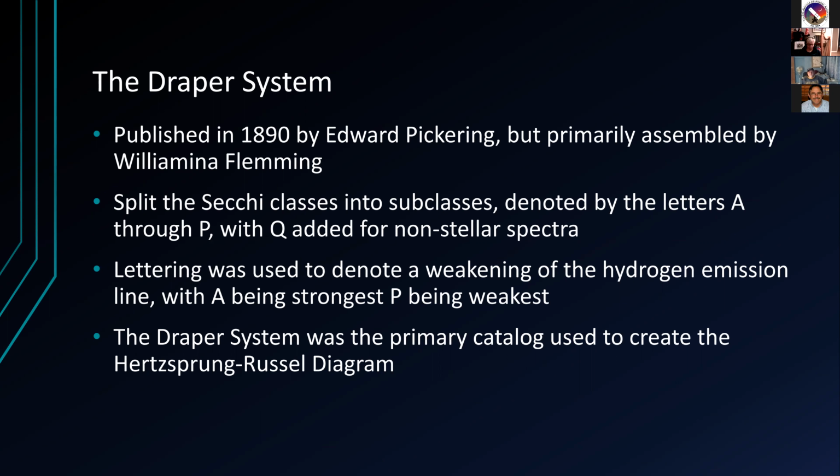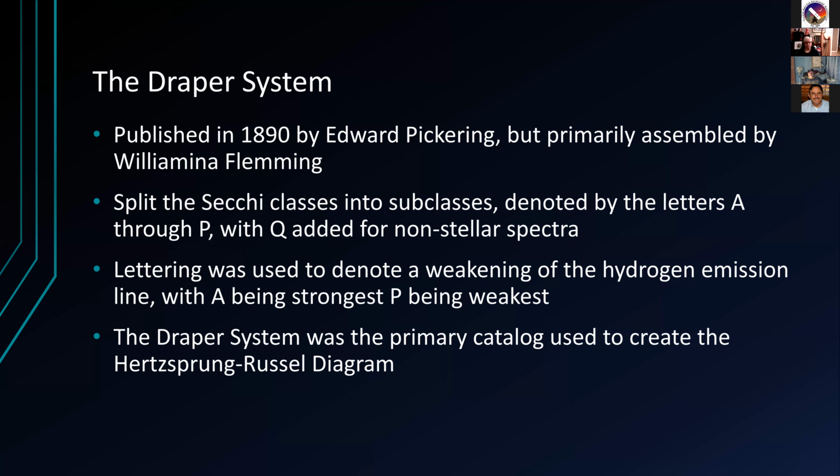The letters were used to denote how strong the hydrogen emission line was, basically how much hydrogen was in that object, with stars of subtype A having the strongest hydrogen emission lines, and P having the weakest hydrogen emission lines.